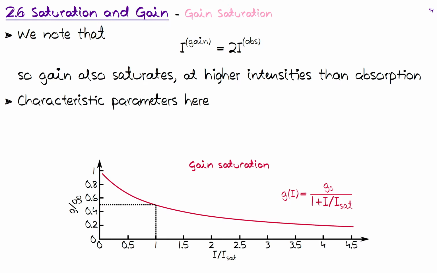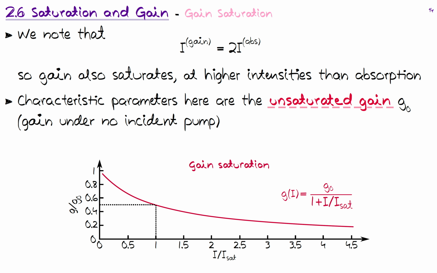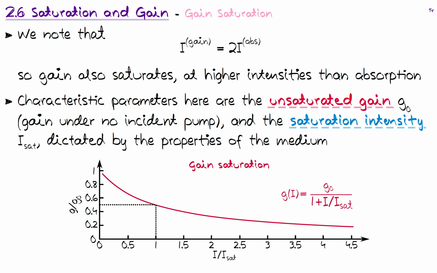Then we have characteristic parameters: the unsaturated gain G naught, which would be the gain when we don't have an incident pump or the pump is weak. And then we have the saturation intensity, I sat, that really is dictated by the properties of the medium. Like I already emphasized, that's important. Please remember the equation for the saturation intensity.